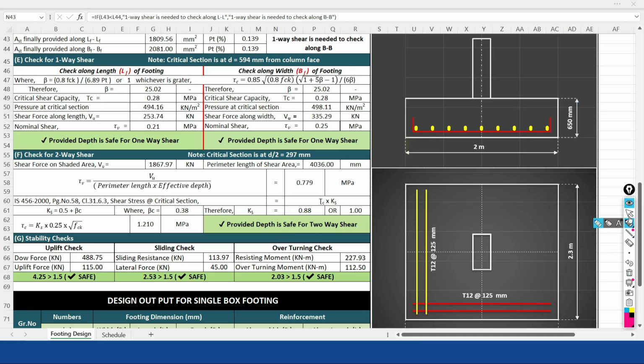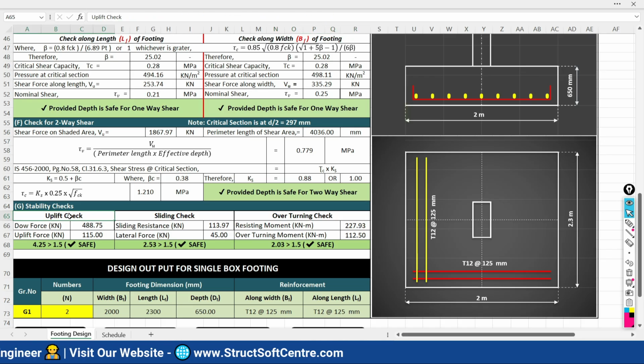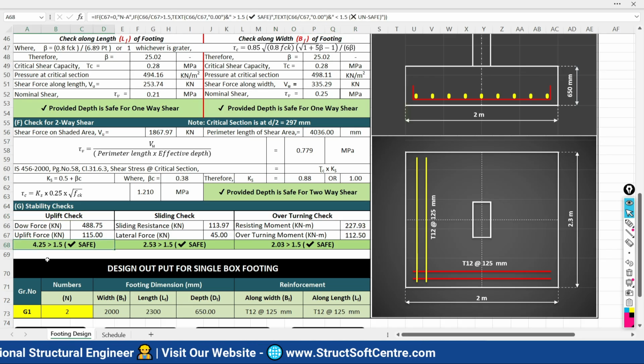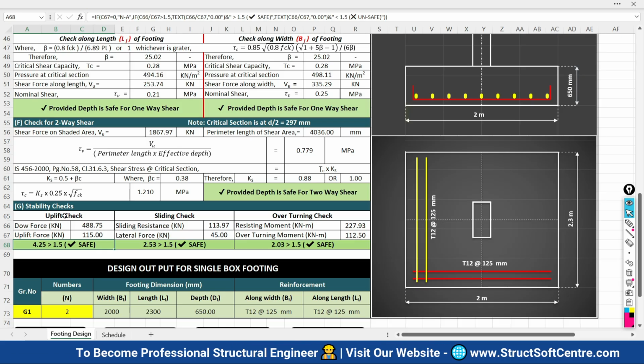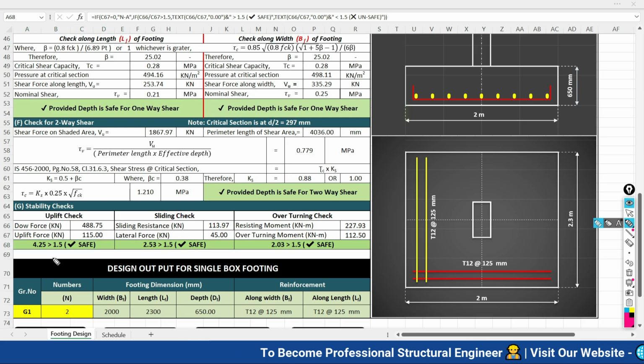Now finally guys, we are going to perform the stability checks. So the sheet will take care of performing the stability checks. The uplift check is safe again, because the factor of safety against uplift is 4.25, which is more than the limiting value of 1.5. So it is safe against the uplift check.